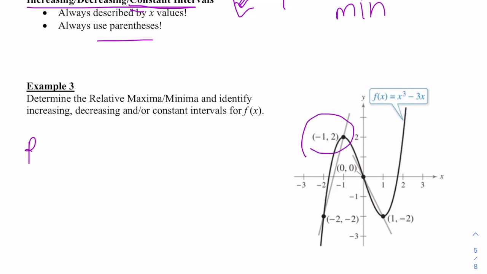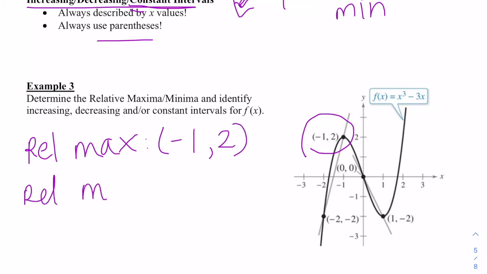So I'm going to say the relative max coordinate would be (-1, 2), and the relative min would be down here, (1, -2). Those are going to be our really key points here. This 1 for x and this -1 where we have the max.